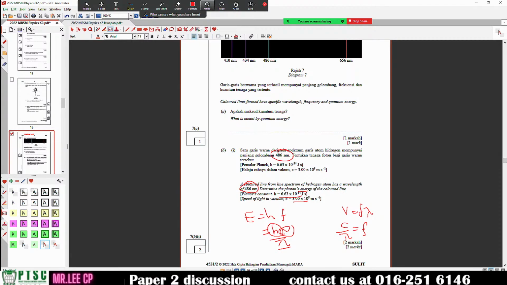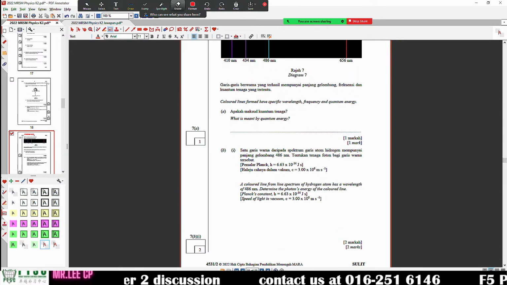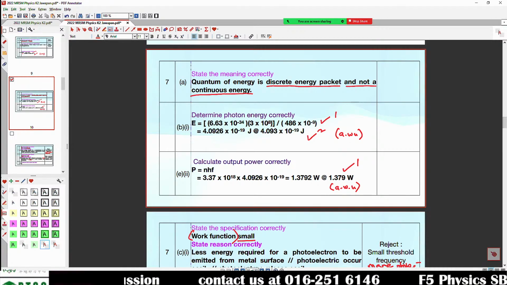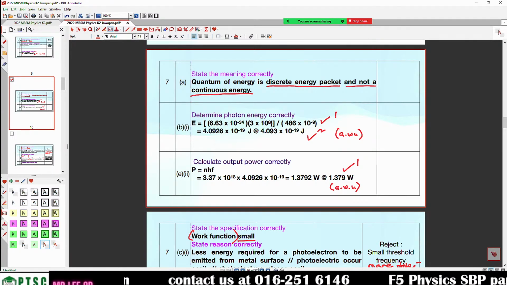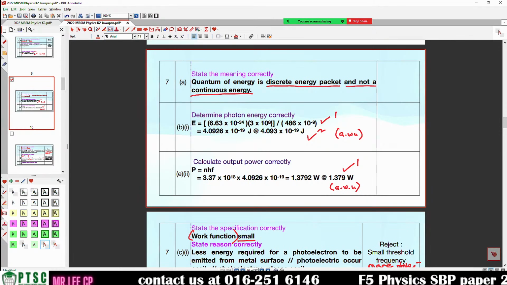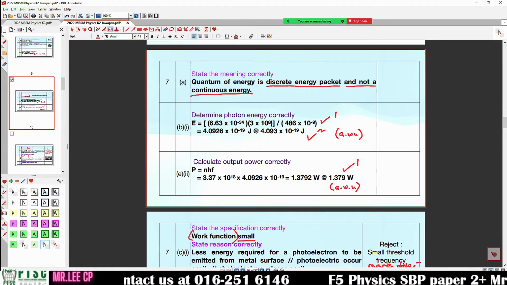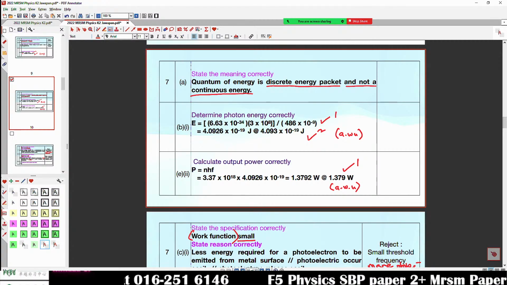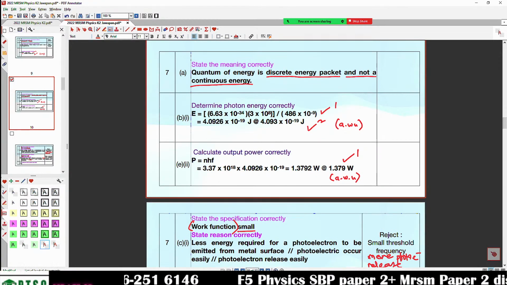So E is equal to hc over lambda. Substitute H, c, and lambda, which is 486 nano, and you get 2 marks. The unit is joule. Next one.